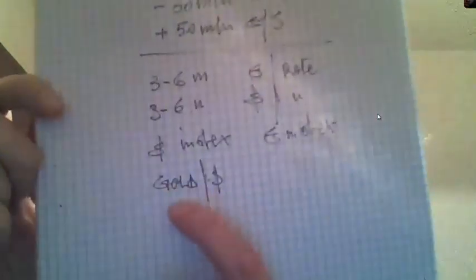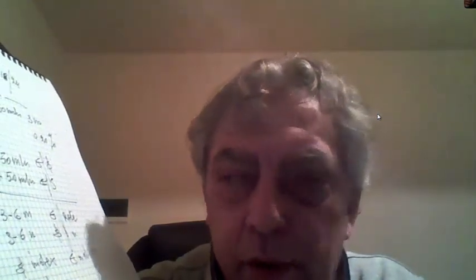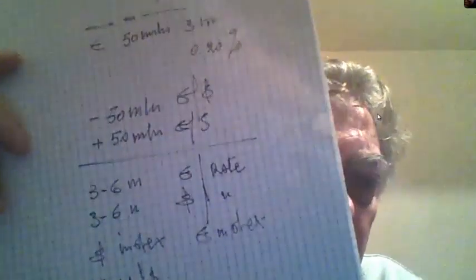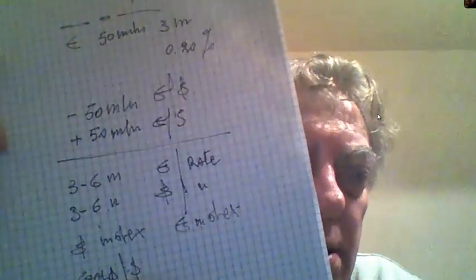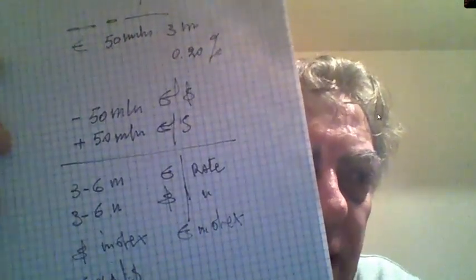Then take a look at the price between gold and dollar, because the more gold moves up, the more dollar moves down, and vice versa.